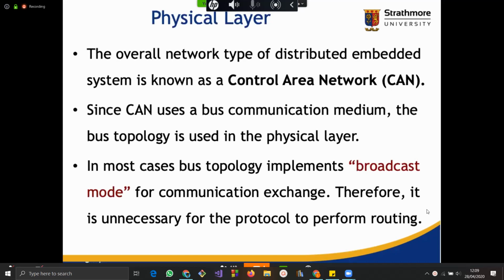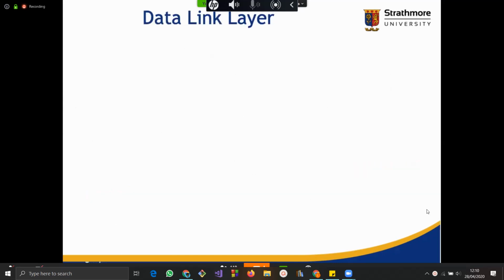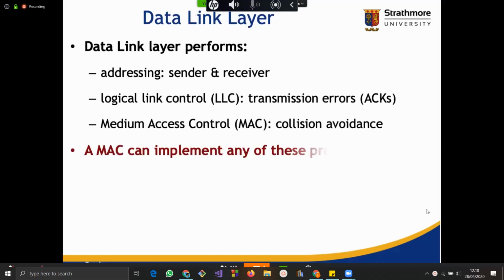Now the main disadvantage with broadcasting is the collision. Two nodes can send a message at the same time, and then the messages collide and both messages are lost. That will be taken care of in the data link layer. So we have the data link layer. What does it do?